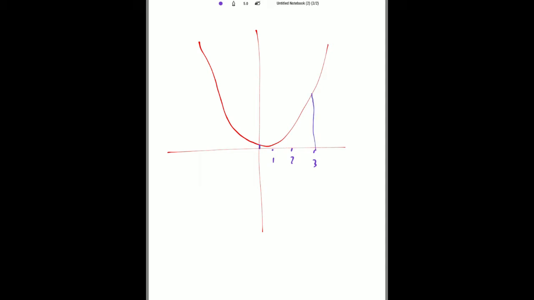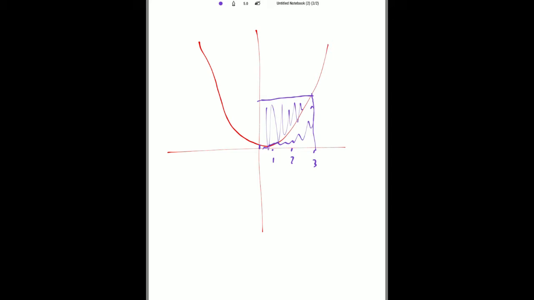What the cavemen would have done a long time ago when they wanted to find the area underneath the curve would have been to just say, okay, let me draw a big rectangle. And this rectangle is just going to tell me the area underneath the curve. But you can see that it's kind of an overestimation because it doesn't give me only the area underneath the curve, but it also comes up here. But what would be the area underneath the curve if we use this method?